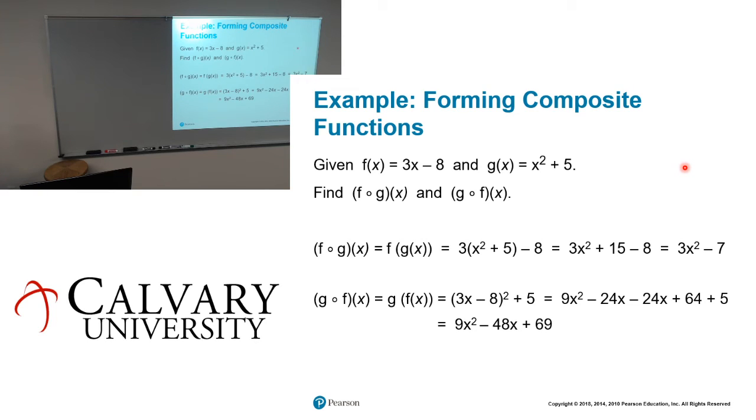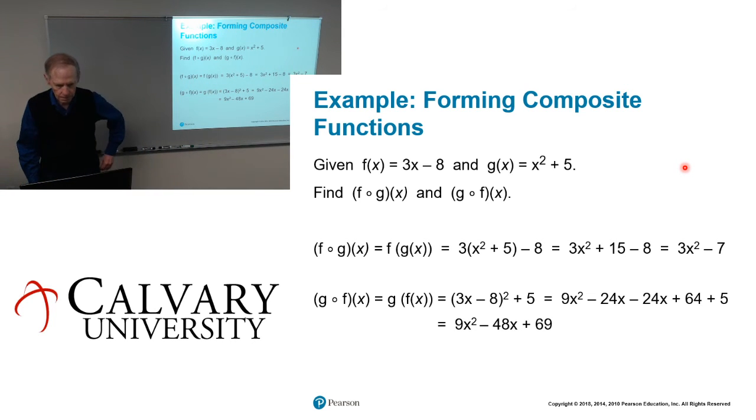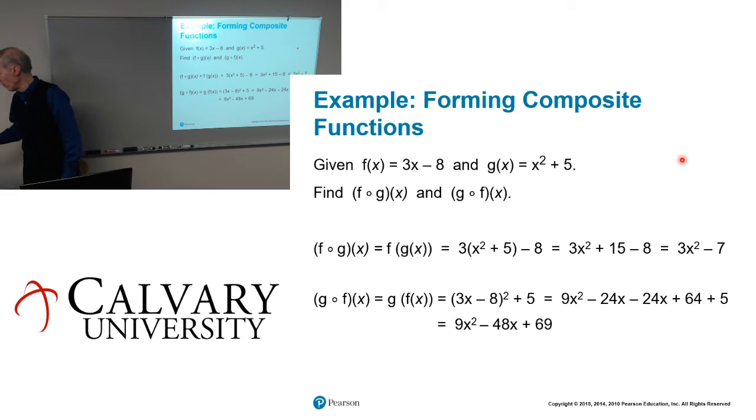So the only thing is you combine these two like terms, negative 24x plus negative 24x. All right, so this answer over here should be 3x squared plus 7, so I'll have to go back and change that, so that should be a plus right there.